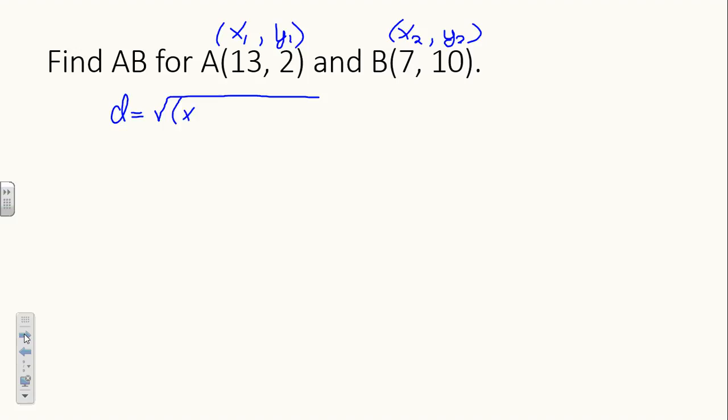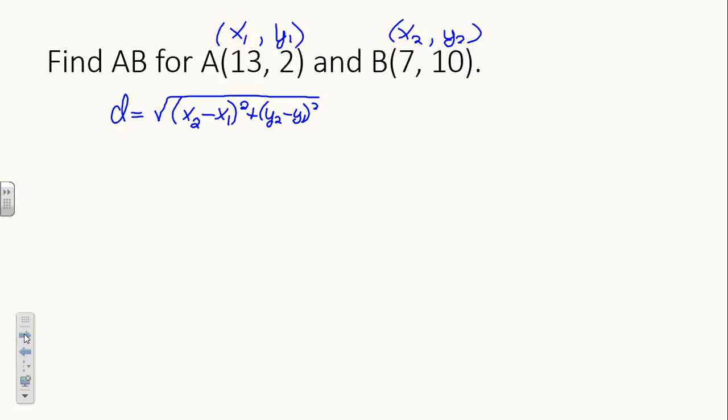So you want to say x2 minus x1 or x sub 1 minus x sub 2. Doesn't matter. You're used to seeing x sub 2 minus x sub 1? Okay, so let's write it that way. x sub 2 minus x sub 1 squared plus y sub 2 minus y sub 1 squared. Okay, comes from the Pythagorean theorem.